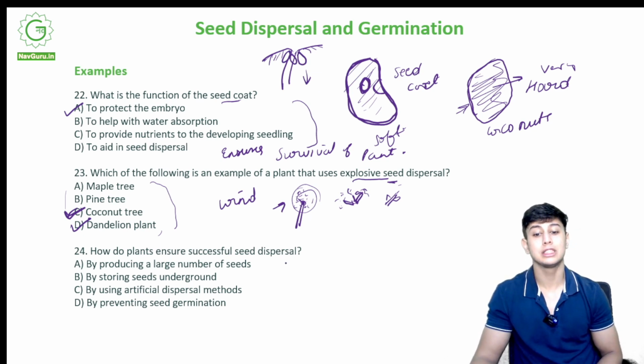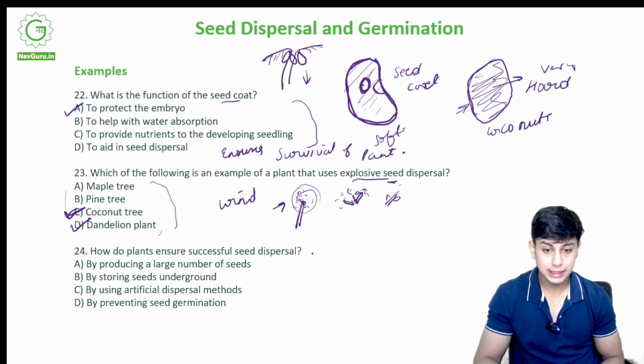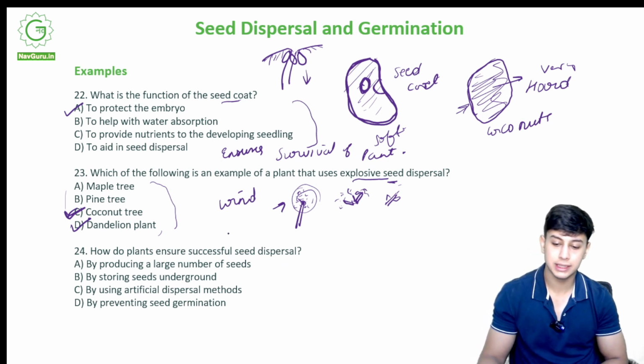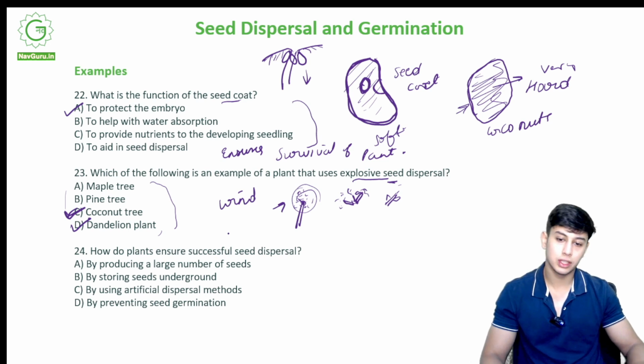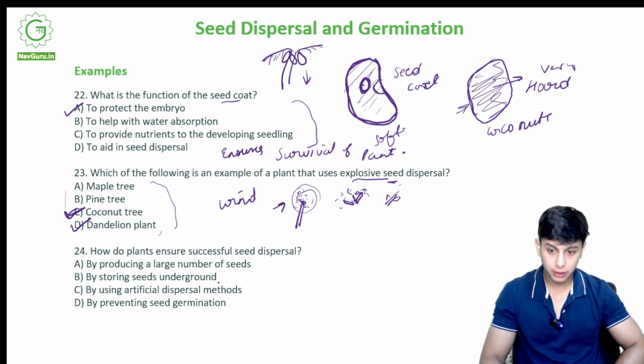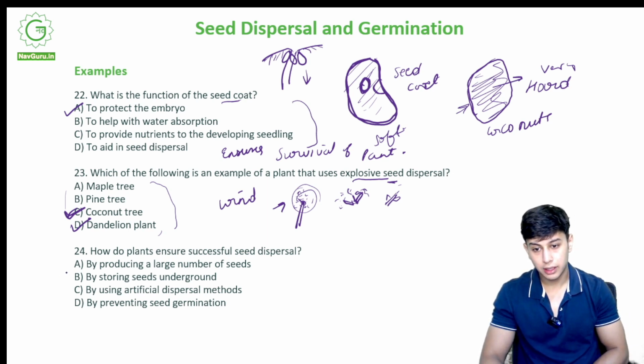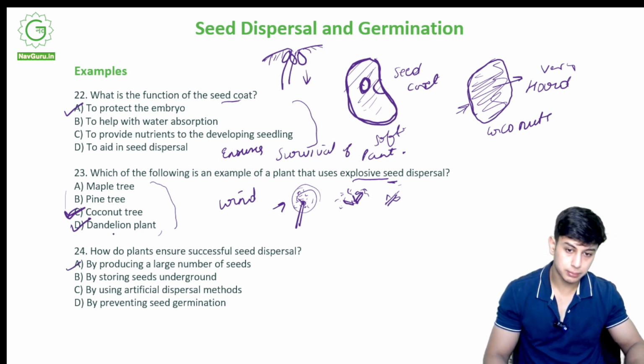How do plants ensure successful seed dispersal? How do they ensure that the seed has been successfully dispersed? By producing a large number of seeds, by storing seeds underground, by using artificial dispersal methods, by preventing seed germination. So the correct option is A, by producing a large number of seeds.